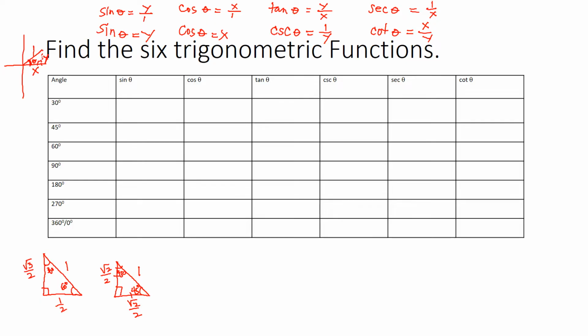The one adjacent to that one will always be the x. So going back, using this triangle here, once we say sine 30 degrees, sine 30 degrees is equal to y, or the opposite of our 30 degrees. So that should be a 1/2.